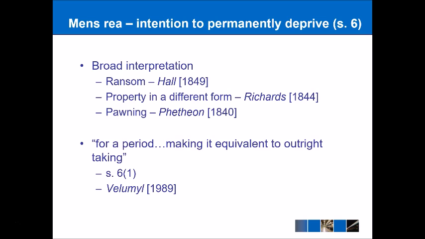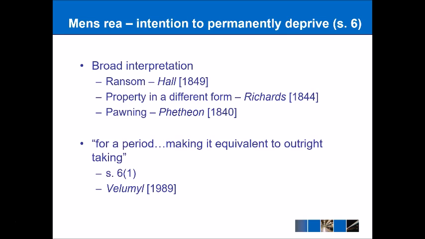So ransom cases, there isn't an intention to permanently deprive, because if someone pays the £10,000, for example, then the person will be given their precious dog back. And so without the intention to permanently deprive, it was important that that can still be regarded as theft, and that comes from Hall, 1849. Returning the property in a different form we'll look at in a second, but you can look at Richards for that.